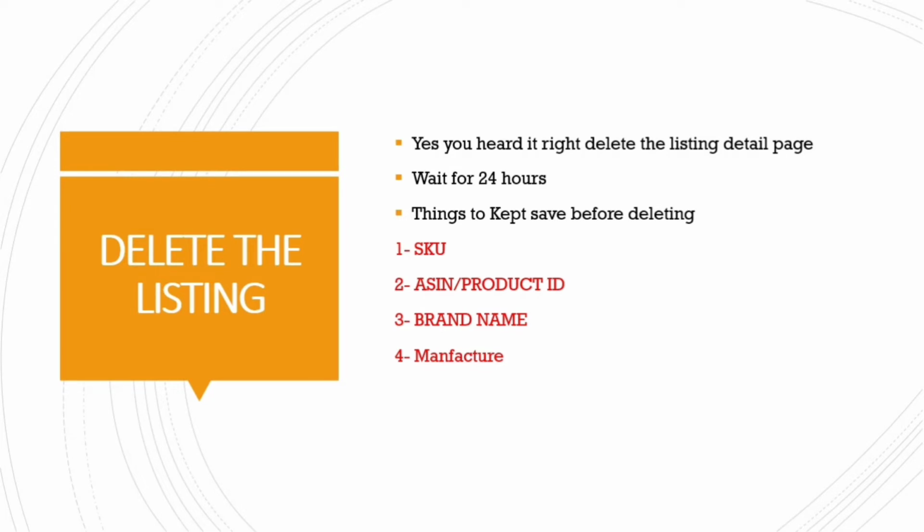So after removing your A plus content, you need to go ahead and delete your product listing detail page. Make sure when you delete the listing, you have the following four items saved: first is obviously SKU, then ASIN or product ID, brand name, and also the manufacturer name.